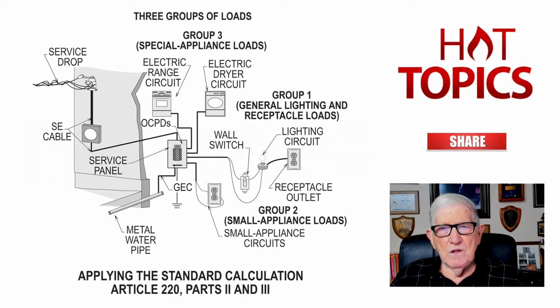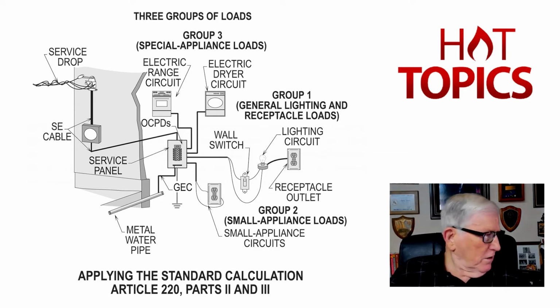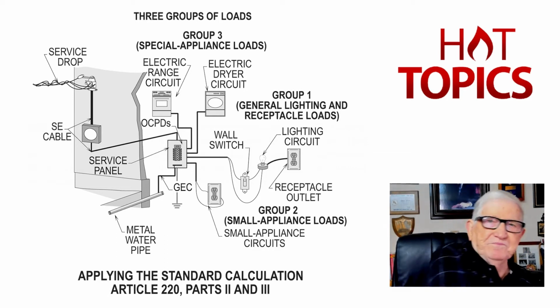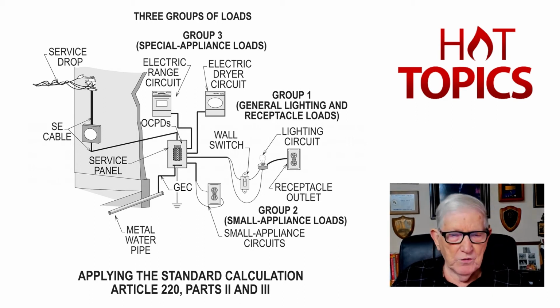Now, notice the first group is the general lighting load that we want to look at. Now, that is 220.14(J), where we would look at the general lighting load. And if you have your code book handy, we like to go through that with you in Hot Topics.